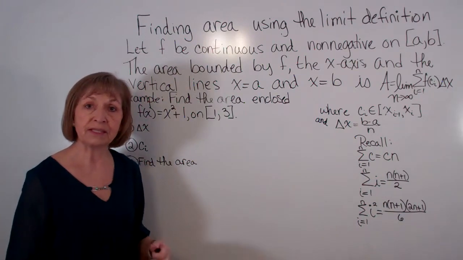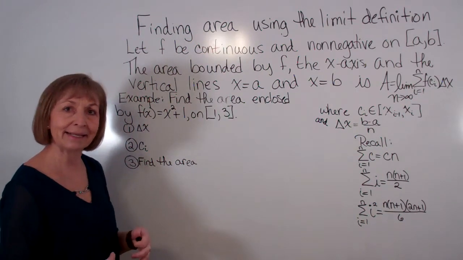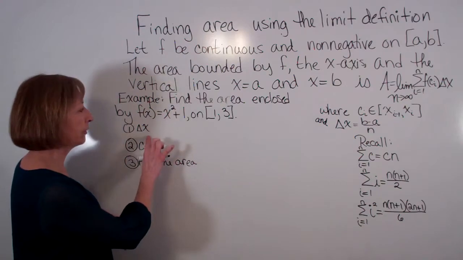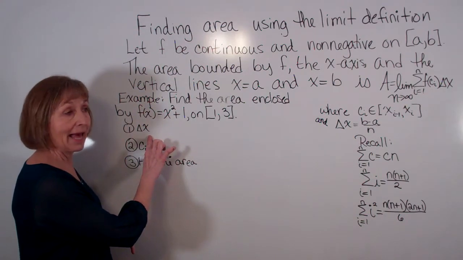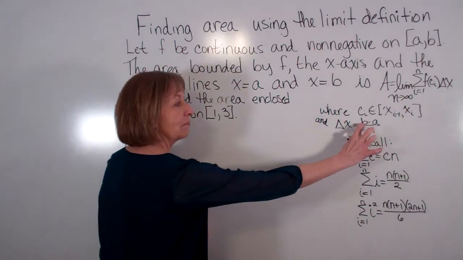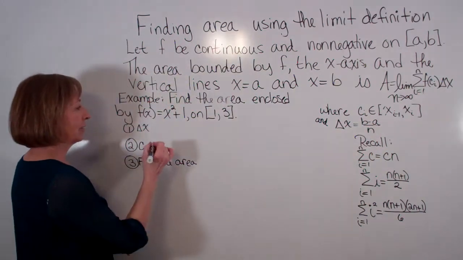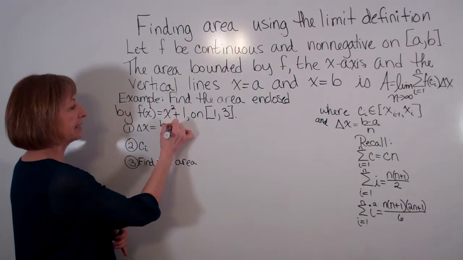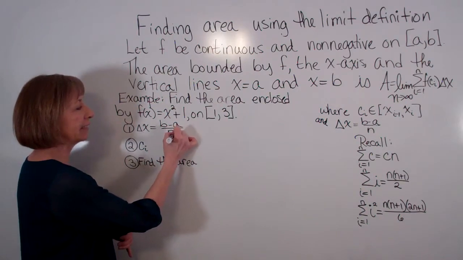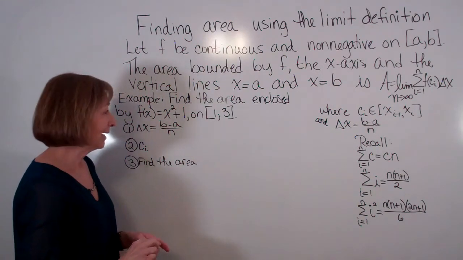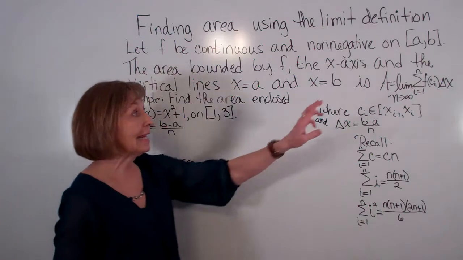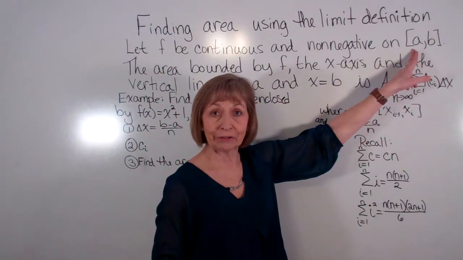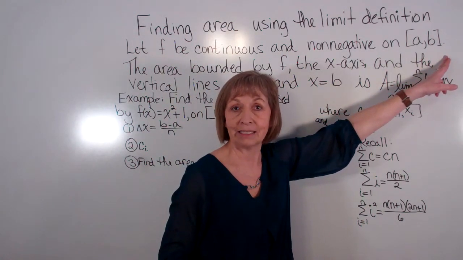Now, when we're doing this, there's a few steps we can set up and then be ready to go. So first, you want to find your delta x. And delta x is b minus a over n. So I'm going to write that again here, b minus a over n, to get a couple more times where we say it. And then remember that a is the start of your interval and b is the end of the interval.